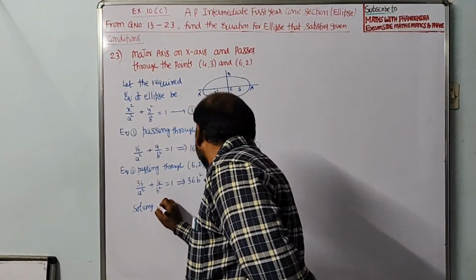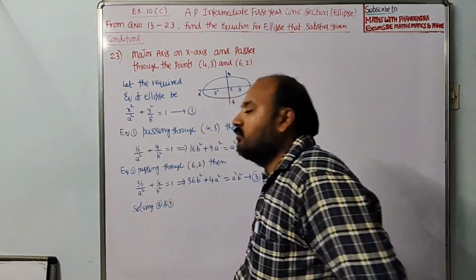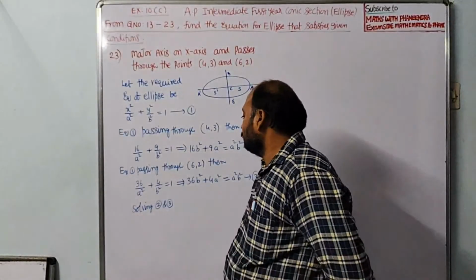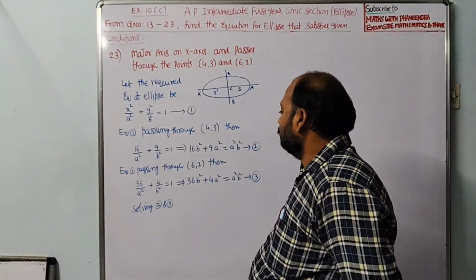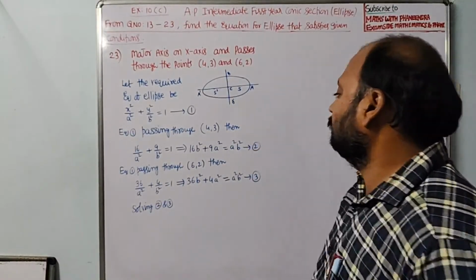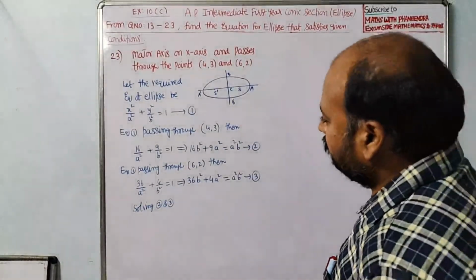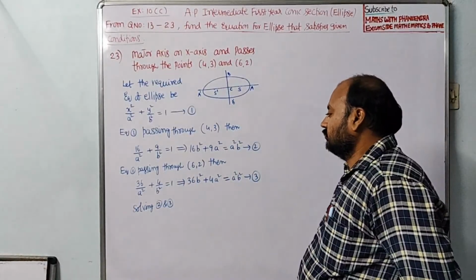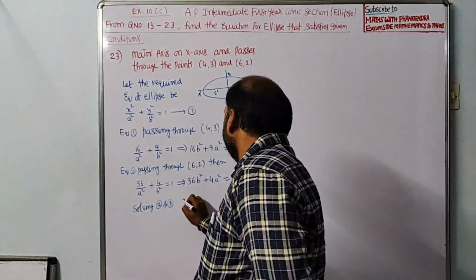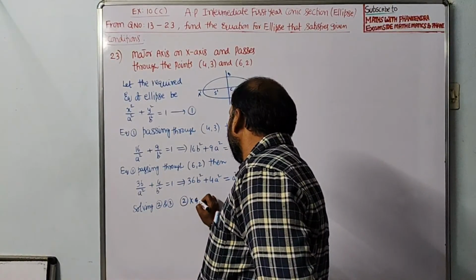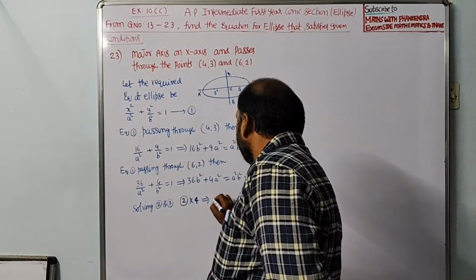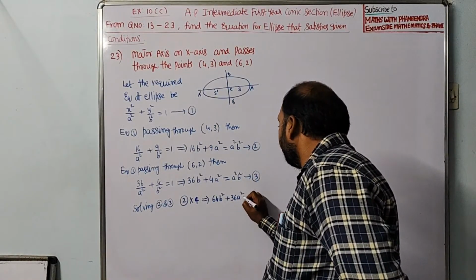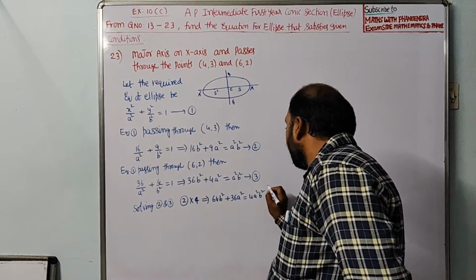Solving equation 2 and equation 3. Equation 2 into 4, so that means 64b square plus 36a square is equal to 4a square b square.